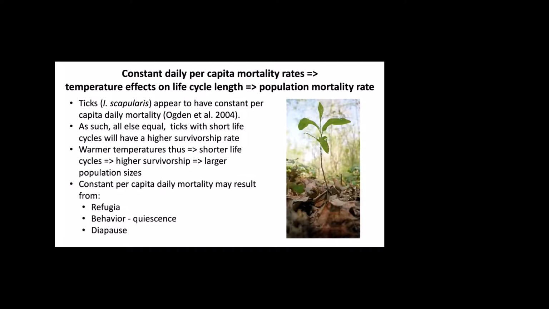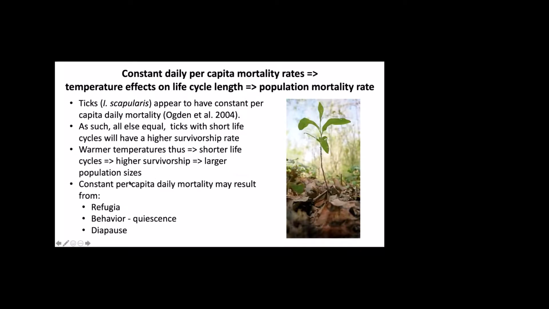And this is obviously until you get to temperatures that become detrimental to the tick. All right, so this is really operating in the range of temperatures that would be more beneficial than negative to the tick.